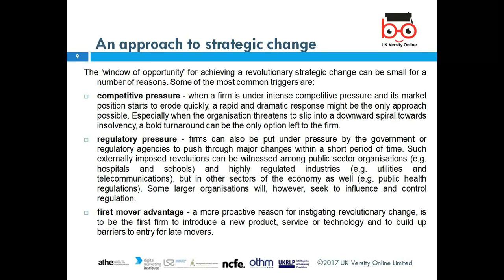Okay, then the next one, we're looking at first mover advantage. If we have a change, we are innovative, like if we are offering digital accounting services, online booking, a refund facility, tracking facilities. This is the first time, maybe others are not doing it.